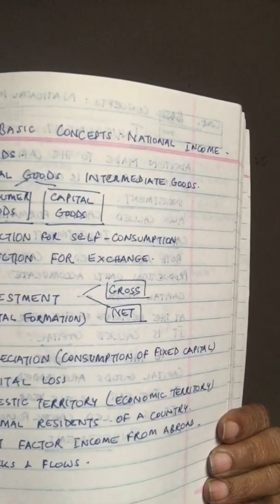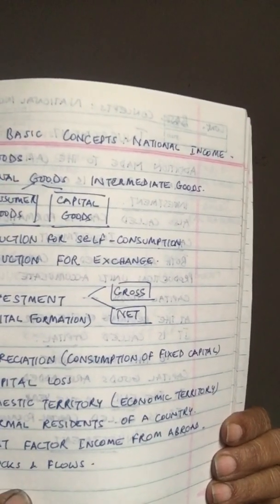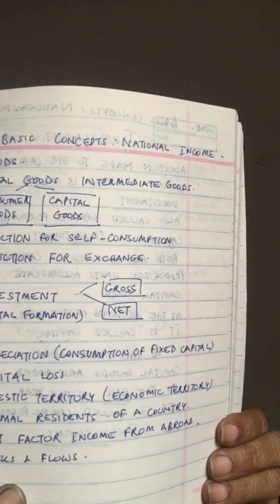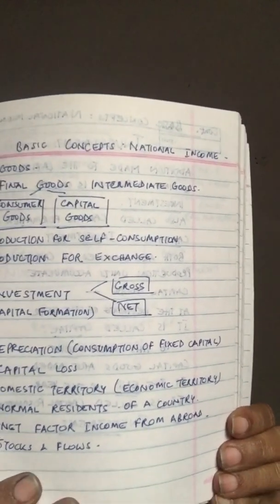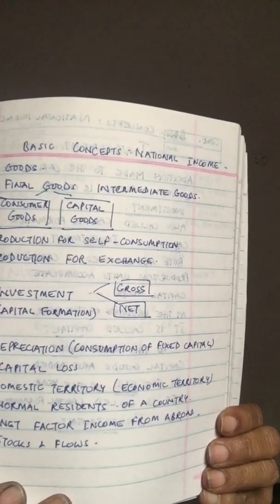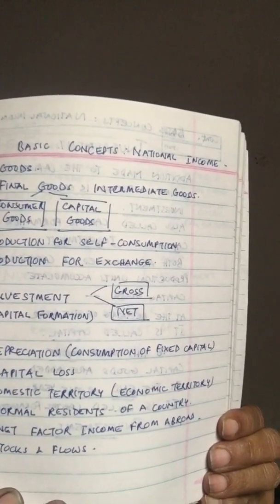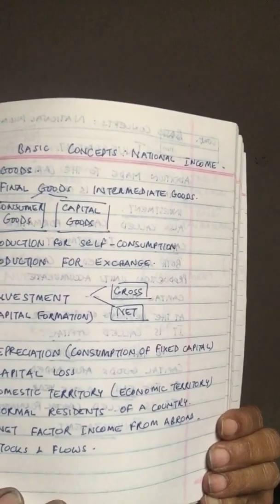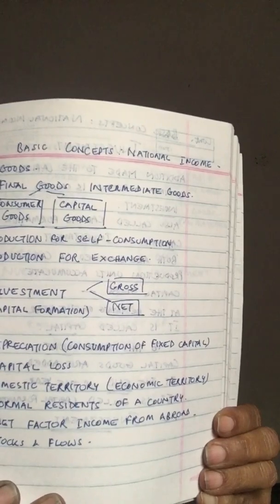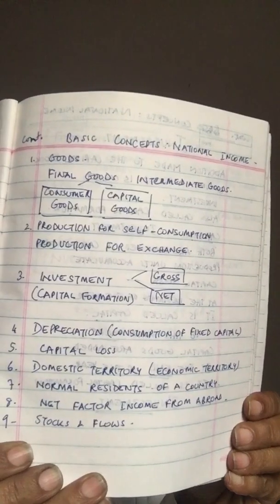Now, depreciation is something like consumption of fixed capital, and it is also known as foreseen obsolescence. That means we know that there will be wear and tear in a fixed capital asset. And then we'll also talk about what is the difference between consumption of fixed capital and capital loss. Capital loss is all because of the unforeseen obsolescence or natural calamities which are not in our hands. So we'll be doing that.